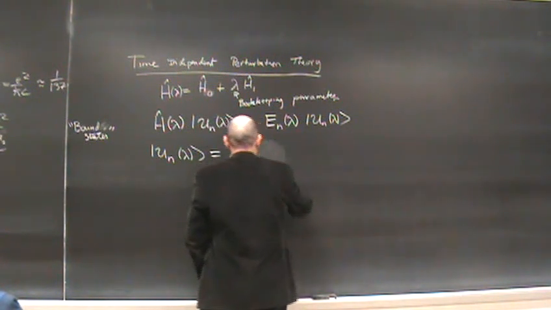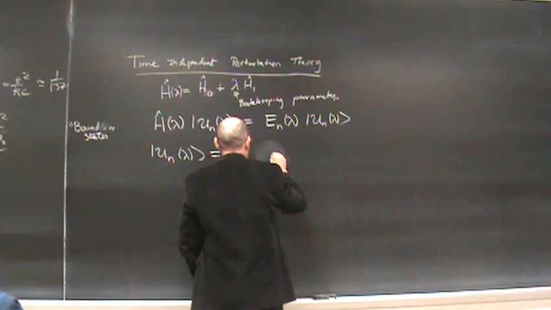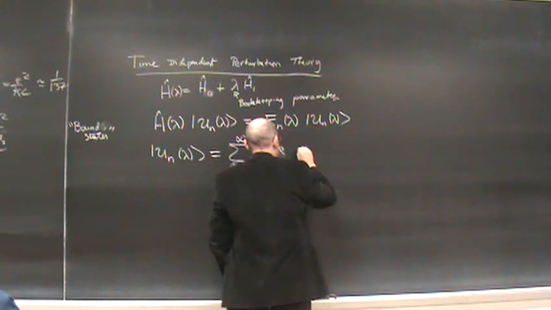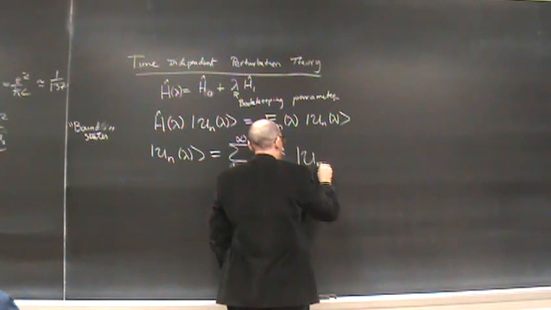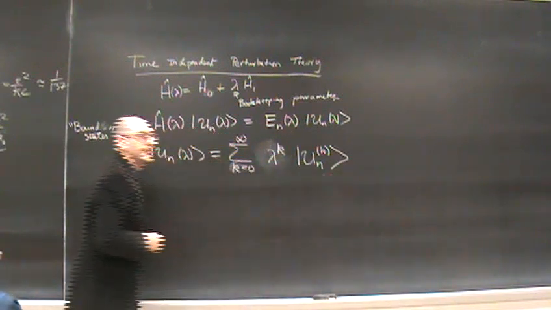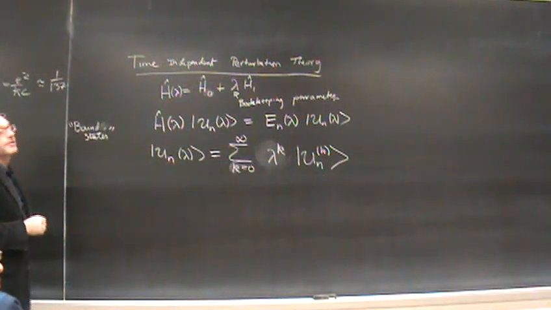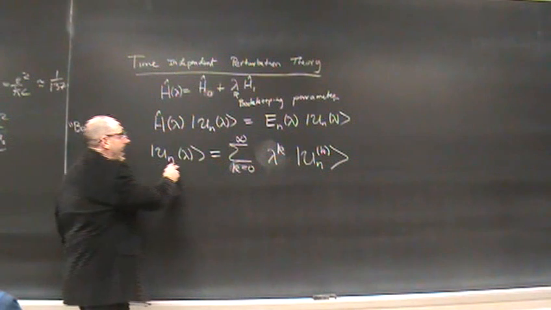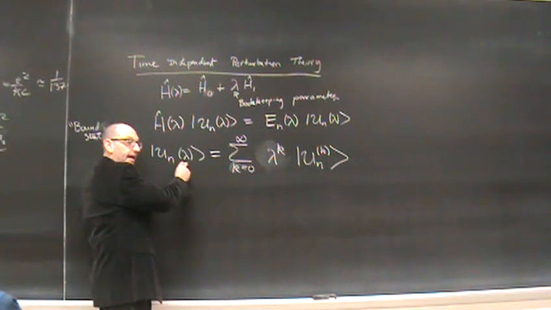Lambda to the power k, and then I have u_n^(k), the k-th correction to that. Okay, so this is an ansatz, we're saying, that we can expand this as a function of lambda.